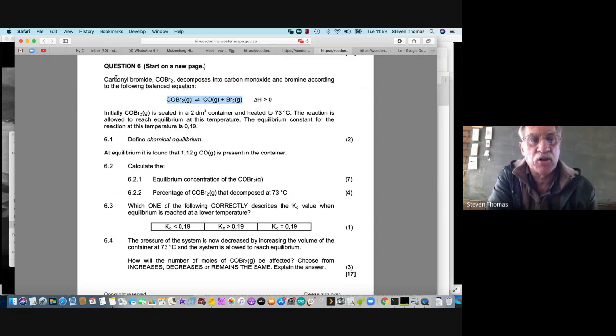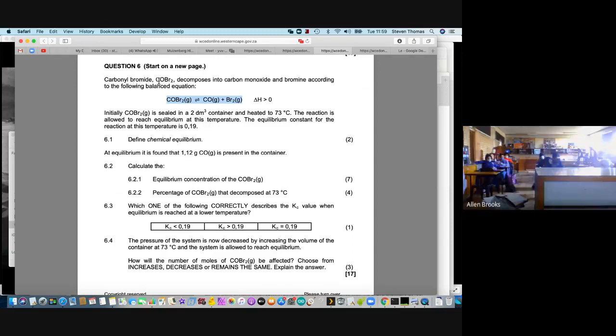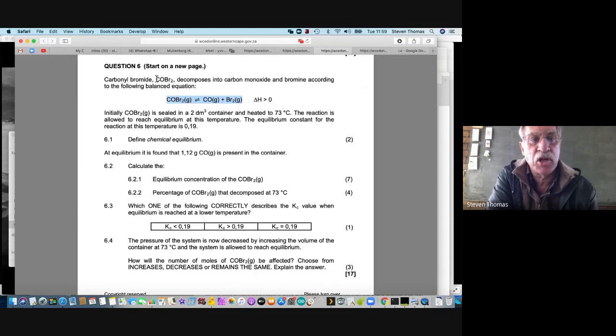Okay, let's have a look at this. It's always question 6. Carbonyl bromide, COBr2, decomposes into carbon monoxide and bromine according to the following equation. Initially, carbonyl bromide is sealed in a 2 dm³ container. We always must make note of the volume. It is heated to 73 degrees.